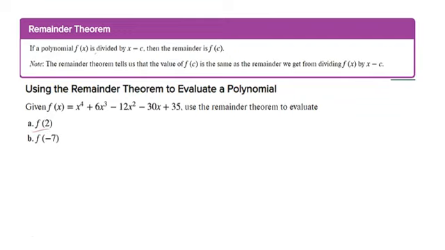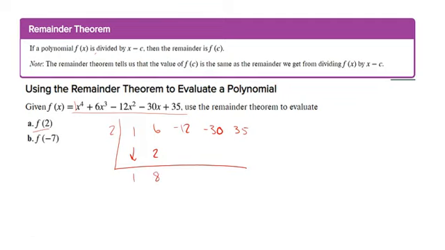If we want to find f of 2 for this function, rather than plug in 2, we're just going to write out synthetic division with all of our coefficients, 1, 6, negative 12, negative 30, and 35. Bring the first number down. 1 times 2 is 2. 6 plus 2 is 8. 2 times 8 is 16.